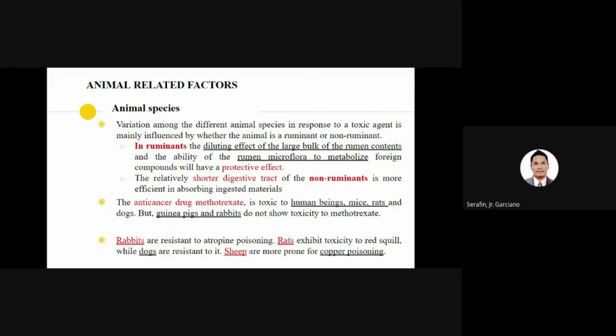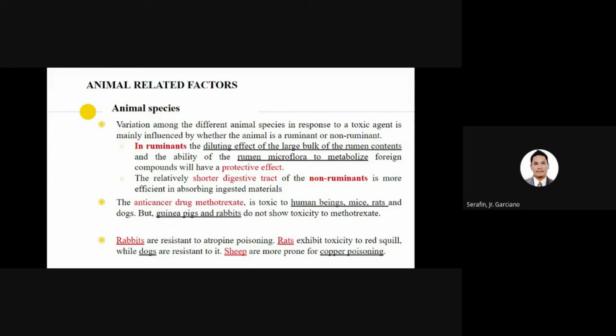Sheep are more prone to copper poisoning compared to other domestic animals because sheep are the most susceptible species. Their liver cells have a high affinity for copper, and they excrete copper in the bile at a very low rate.